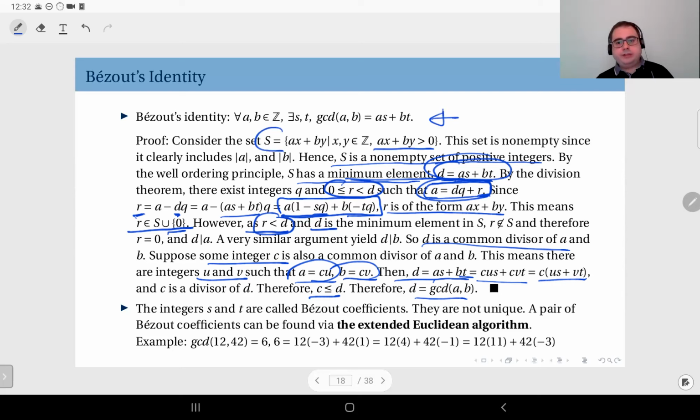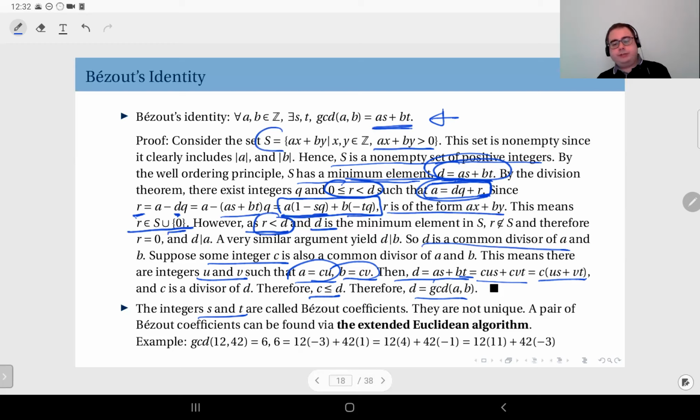Now, as I said, this looks like a non-intuitive result, and it doesn't really show you what to do with it, but it's used quite extensively in a lot of results, as we will use later on. But let me point out to you that the integers S and T in this formulation are called Bézout coefficients, and they are not unique.